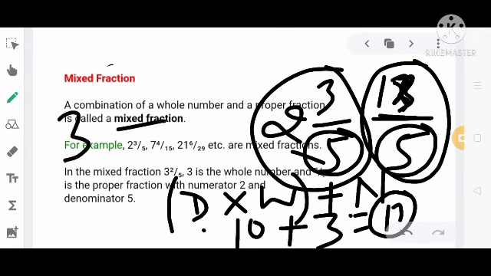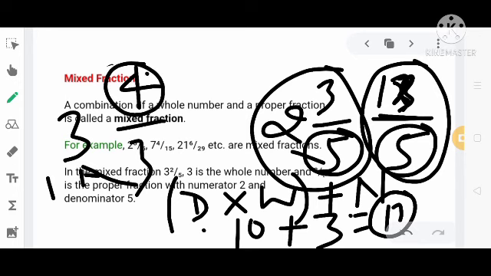Another is 3 whole 4 by 3. How will you break this down? First, multiply the denominator with the whole number. 3 3s are 9. Then the result is added to the numerator. 9 plus 4 is 13. And the denominator will always be the same as the proper fraction, so 13 by 3.